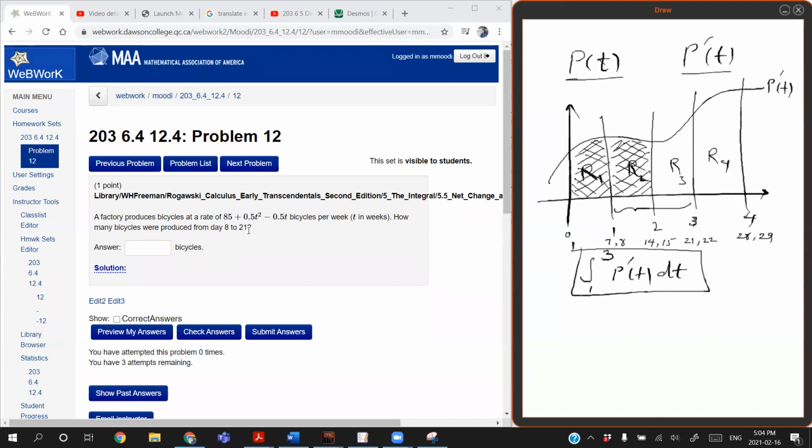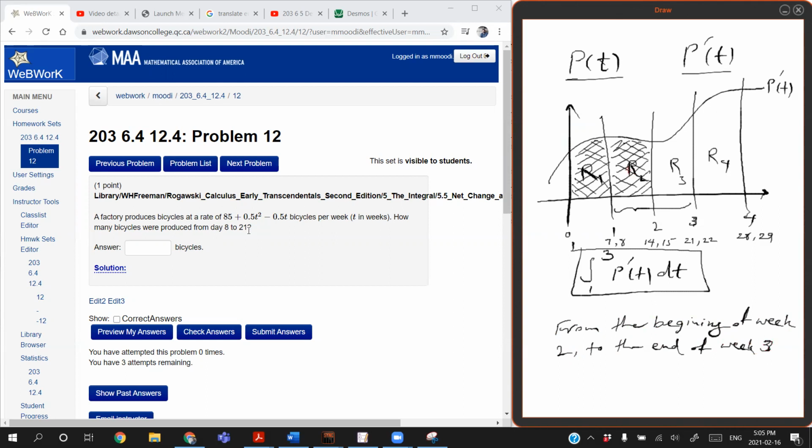Is this clear? So imagine it says, how many bicycles were produced from the beginning of week 2 to the end of, let's say, week 3.